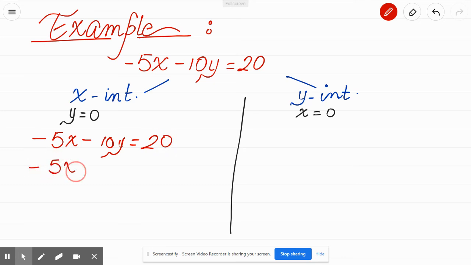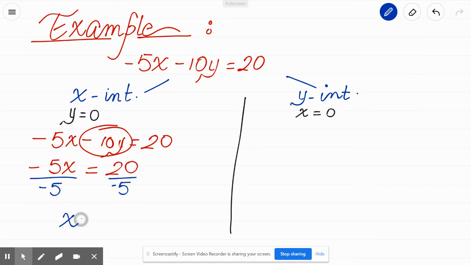And now I will have the whole term with y. I'm just going to forget about it for now. Now remember, x is grumpy. So I divide by negative 5 on both the sides. And x equals negative 4. But you have to write down the complete answer. That is, the x-intercept is negative 4 and 0.